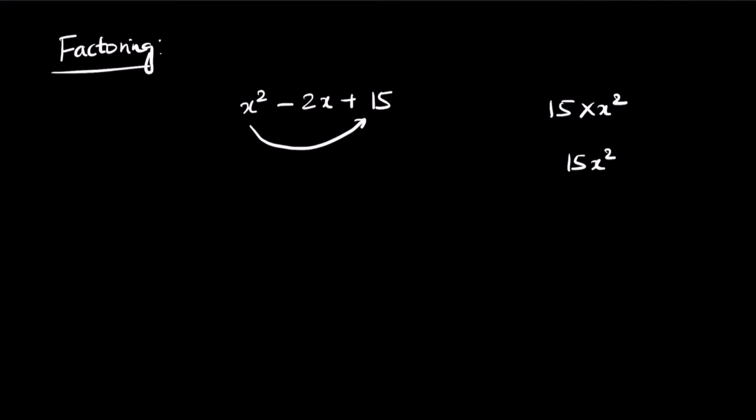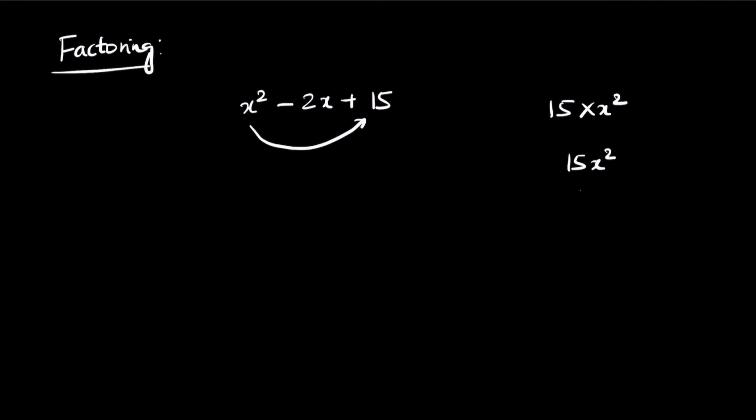So how do you factor a trinomial? Let's take a simple example and I'll show you how the steps work. So I have x square minus 2x plus 15. The first step is to multiply the first term and the last term. So 15 times x square gives you a total of 15x square.